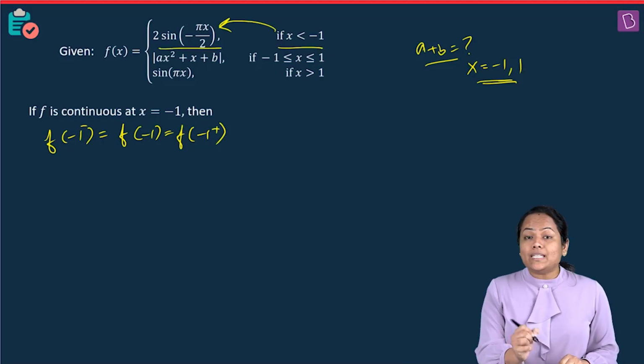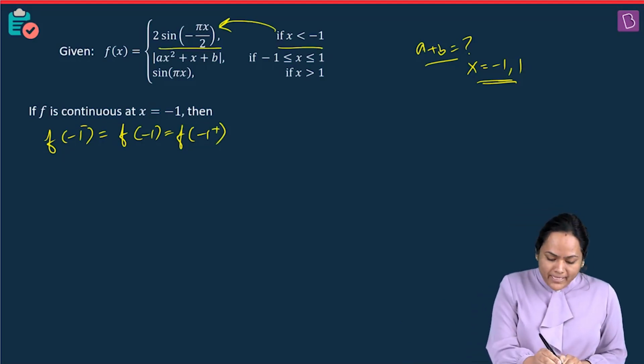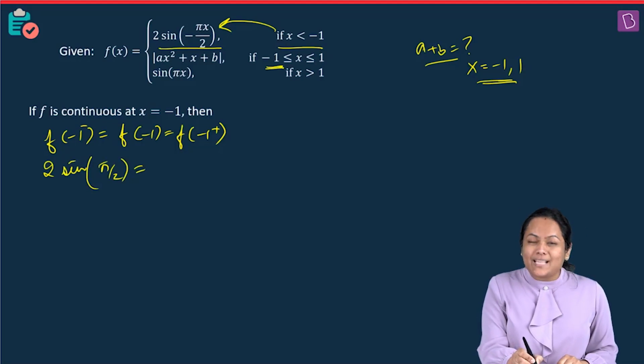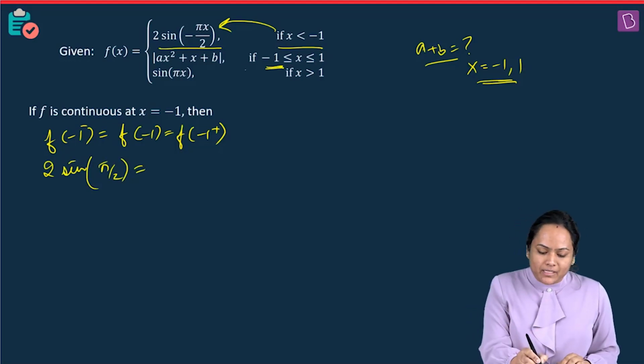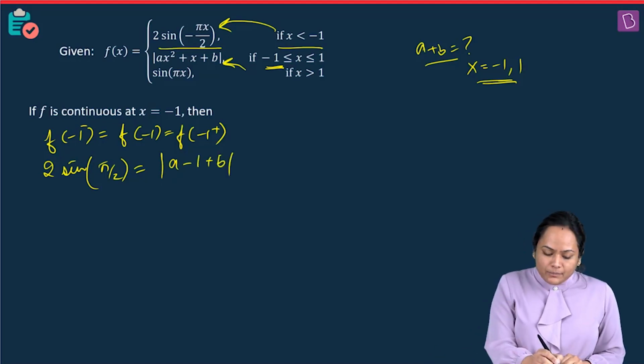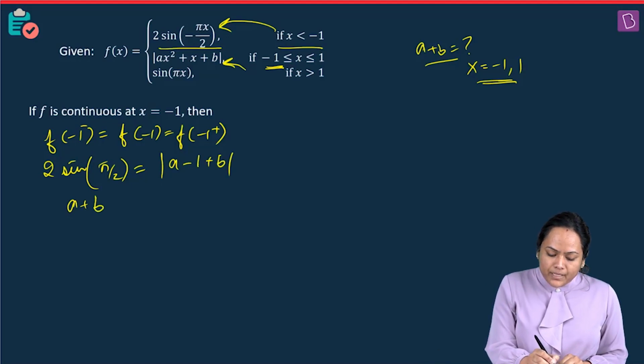So the value in this 2 sine of minus pi x by 2 is basically 2 sine of pi by 2, is equal to, when I put my x value as minus 1 or slightly greater than minus 1 in this quadratic, it's going to become mod of a minus 1 plus b. So that means I have my a plus b minus 1 whole modulus as 2.